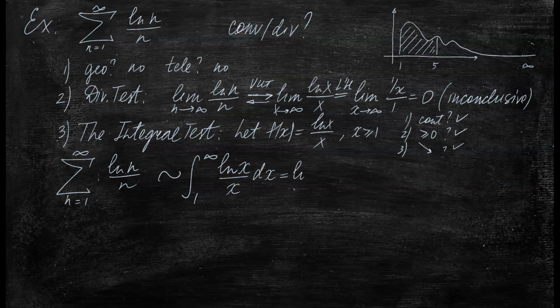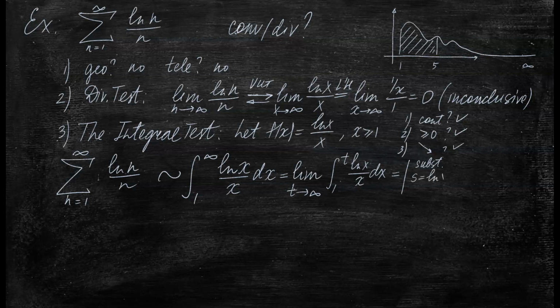And we're going to do this improper integral by introducing a new variable. Here we have the integral from 1 to t of ln x over x dx. And it looks like we're going to have to do some substitution here. Let's introduce some variable, we can call it s.